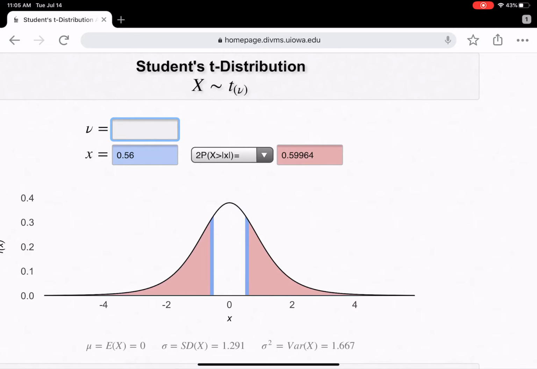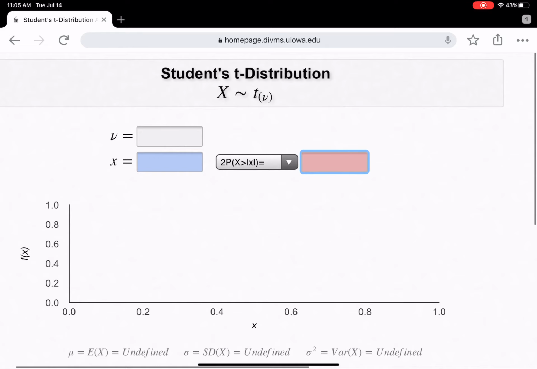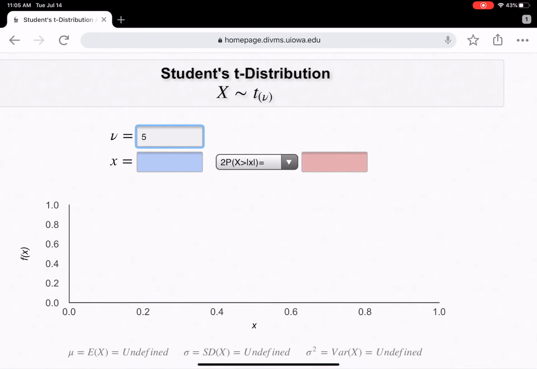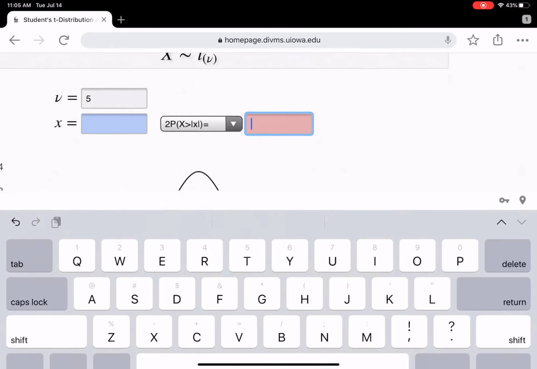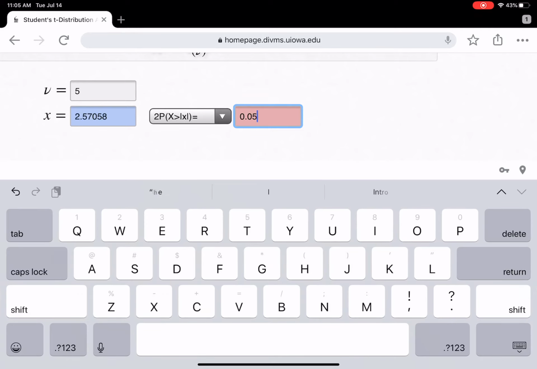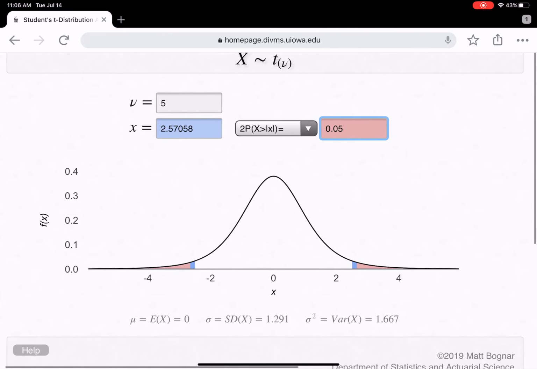Great. Okay, so what do I want to do first? The first thing I want to do is plug in our degrees of freedom, and then plug in alpha over here. So this tool works both ways, which is really nice. And it turns out our critical value, our t crit, is 2.57.